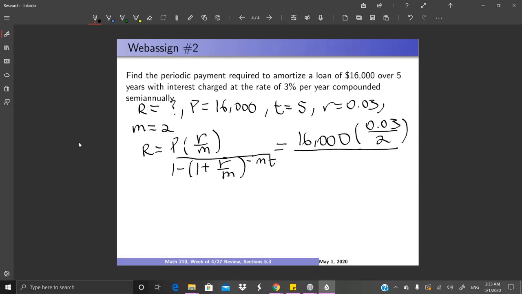And then at the bottom we have 1 minus (1 plus 0.03 over 2), that part stays the same, to the power of minus 2 times 5, so to the power of negative 10. Once we figure out what that is, we've got it. For me, that comes out to approximately, rounded to the nearest cent, 1,734.